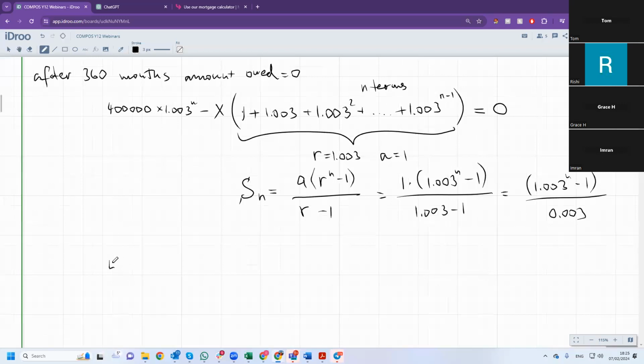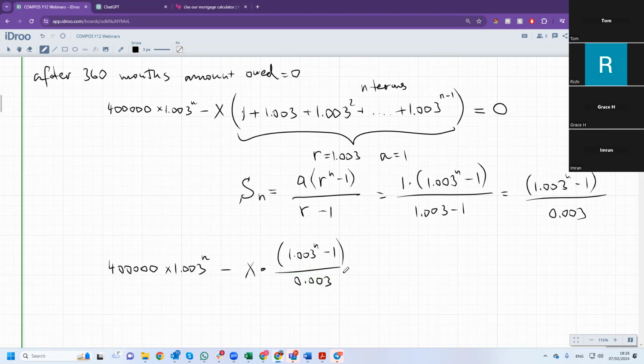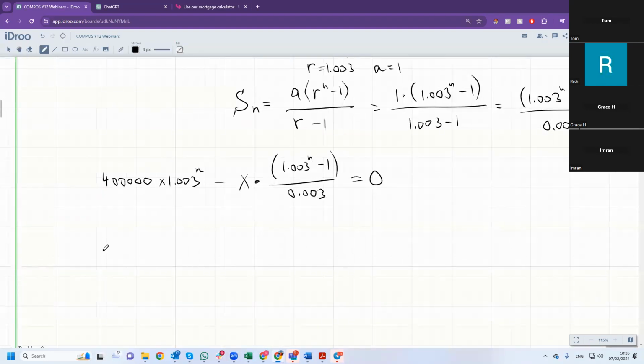Okay, so we have 400,000, the initial amount, times 1.003 to the power n, minus x multiplied by 1.003 to the power n minus 1, divided by 0.003, and that has to be equal to 0. So from here we can rearrange.